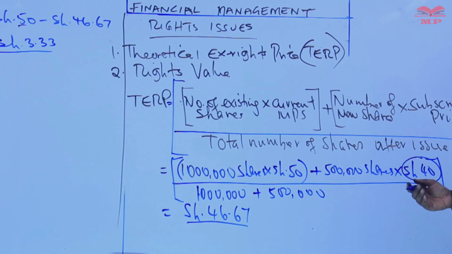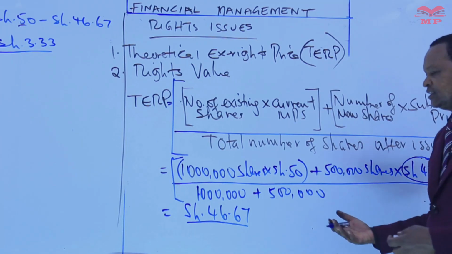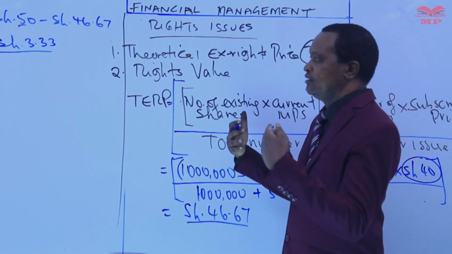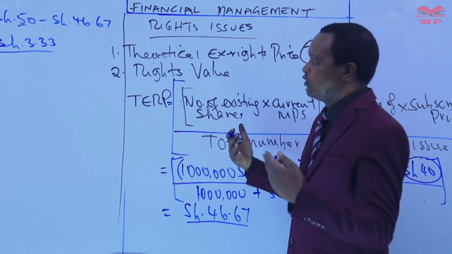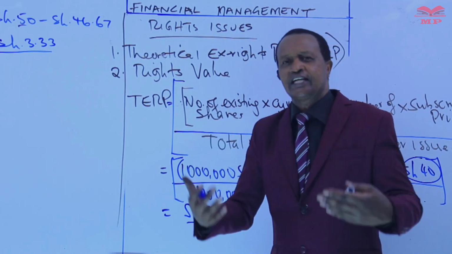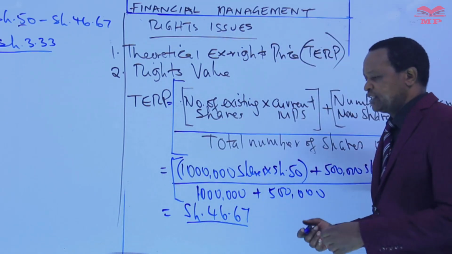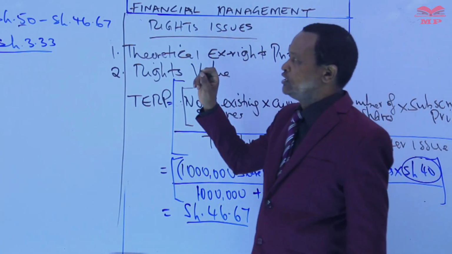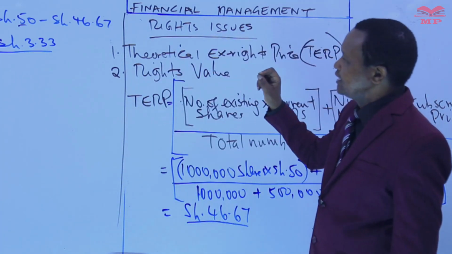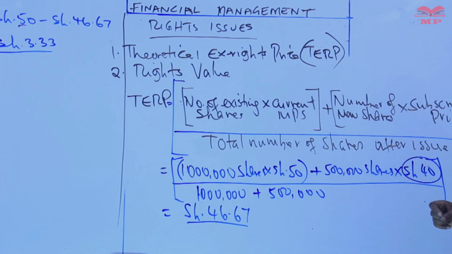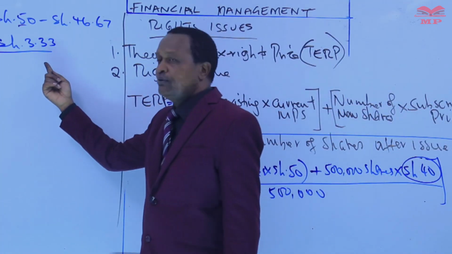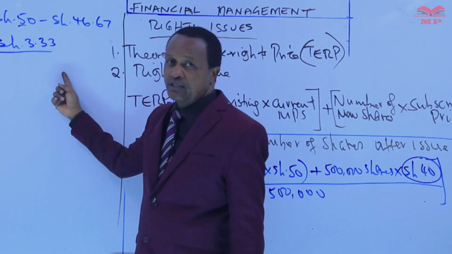Then she enjoys a financial benefit of 3.33, which we call the rights value. But if a shareholder declines the rights issue, then he or she loses that financial benefit. And that is per share. If you have a million shares, you can see it's a lot of money. Okay?